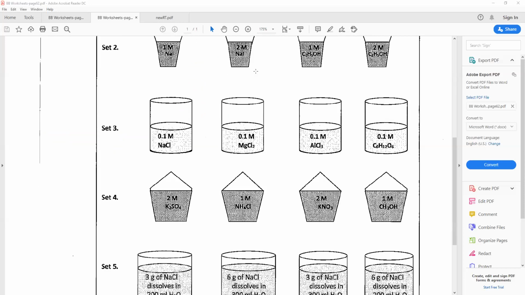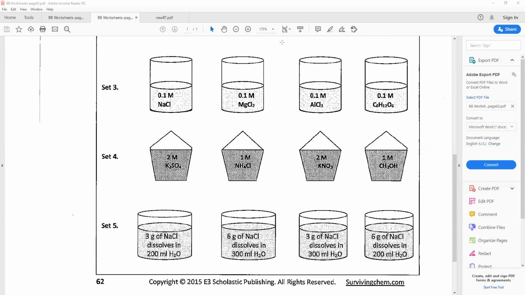Let's move on to set 3. Let's do the same thing. This is ionic, breaks down to Na plus and Cl minus. This one, MgCl2, breaks down to Mg plus 2 and Cl minus. I will see that I have 1 Mg, and how many Cls? 2.